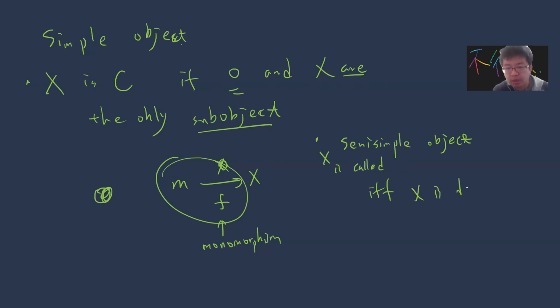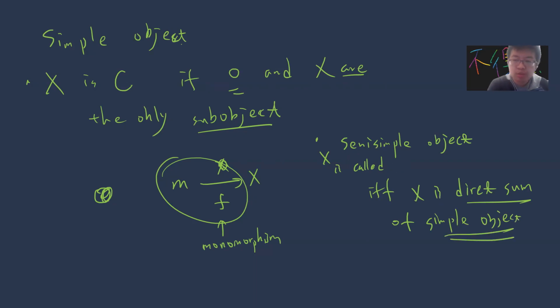Remember, we are in the Abelian category, so I can safely talk about direct sums. The ideas of semi-simple and simple objects are common in mathematics. For example, in the representation of finite groups, all finite representations are semi-simple, so they can be written as a direct sum of irreducible representations, and the irreducible representations are simple.